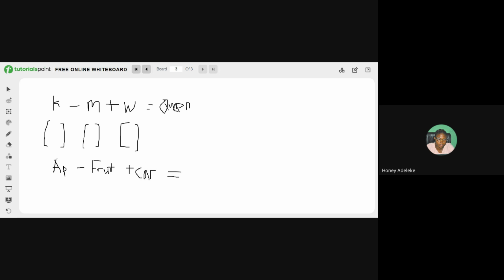Okay, if you are here, I used the example of king minus man plus woman to give us queen. Now I'm asking for this other example: apple minus fruit, just check the relationship between apple and fruit. Then if I now have car, what's likely to be your suggestion if you were a machine?